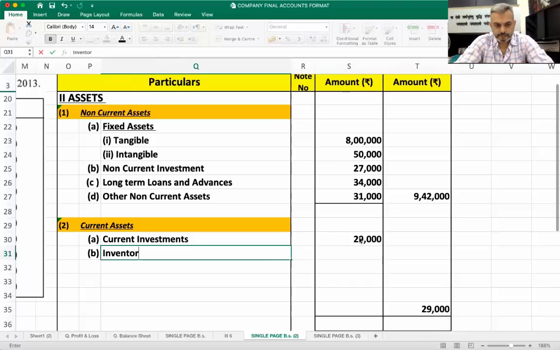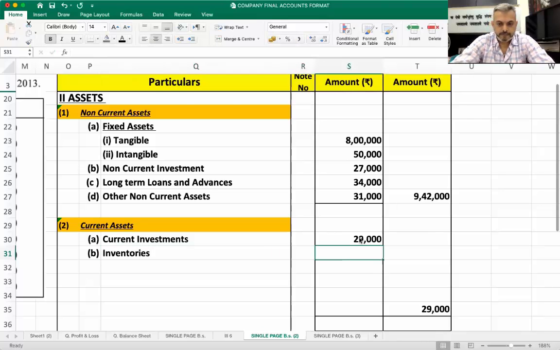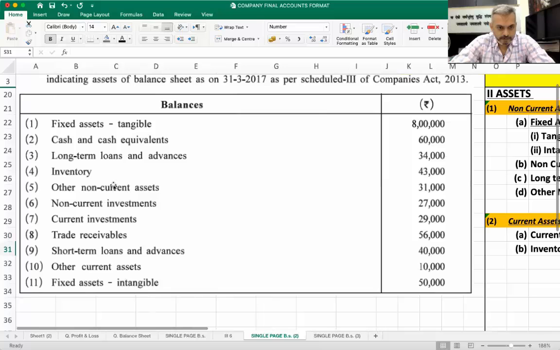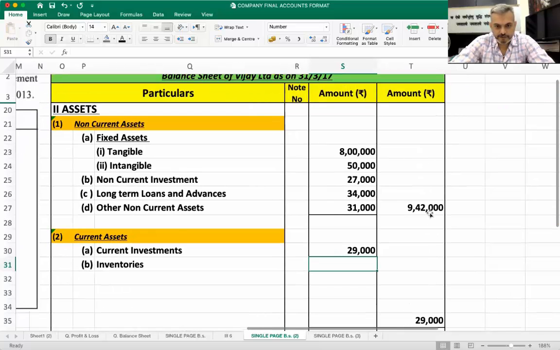Inventories. We have inventories, yes, 43,000.